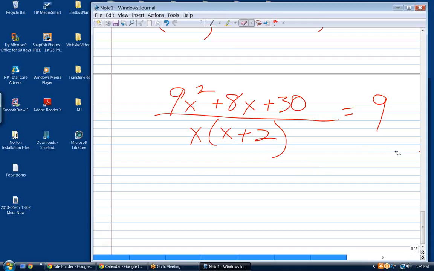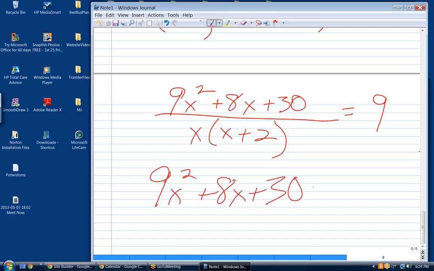As long as I'm operating on equations, I can do anything I want to the left side as long as I do it to the right. Well, when I multiply this left side by this denominator, it gets rid of it and leaves just the numerator. So I now have 9x squared plus 8x plus 30 on the left side.